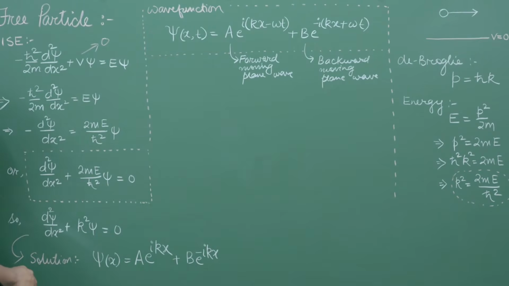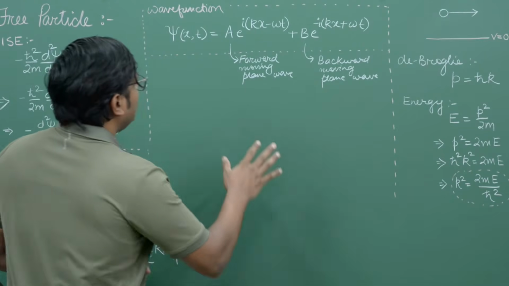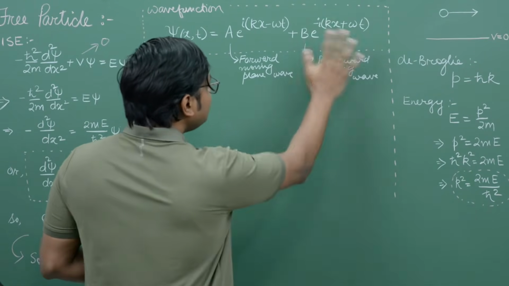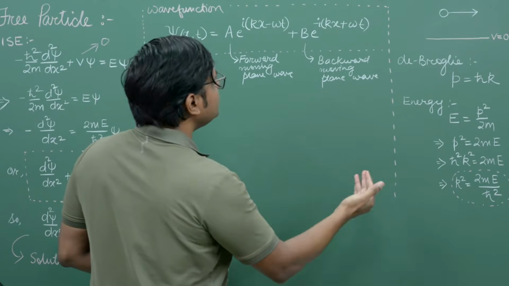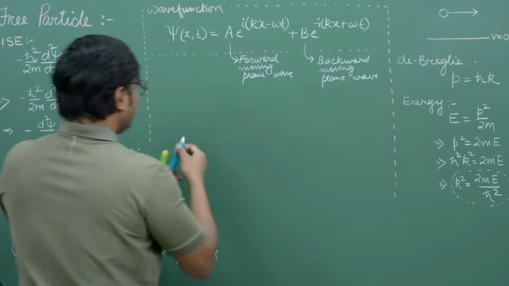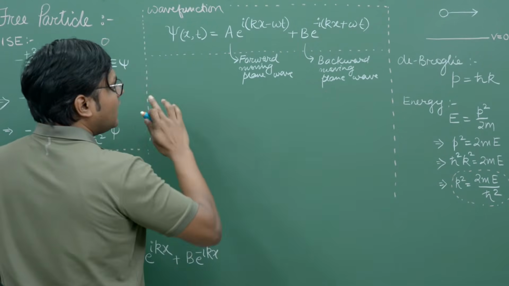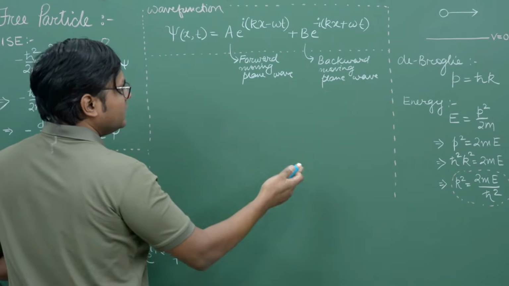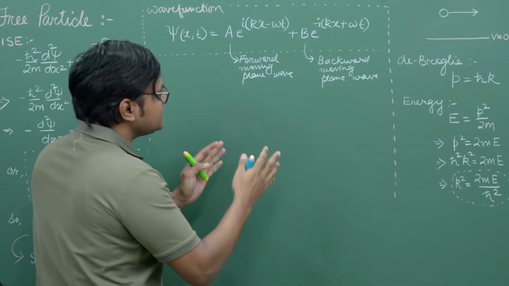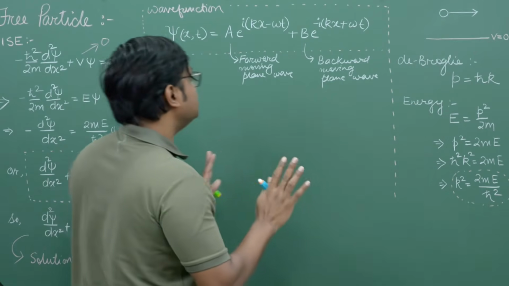Now, what can we deduce from here? The first thing is that this forward moving wave and the backward moving wave are associated with a forward moving particle and a backward moving particle respectively, having fixed momenta and fixed energy. All right.